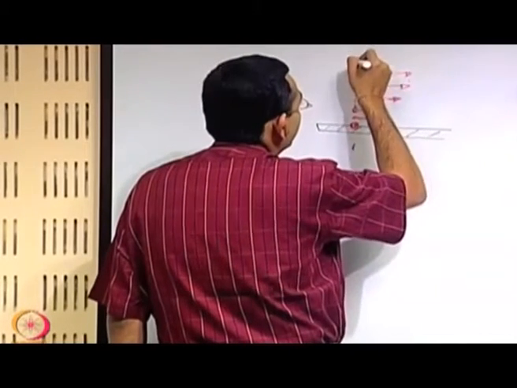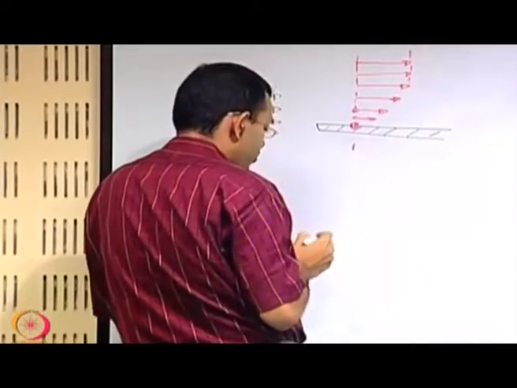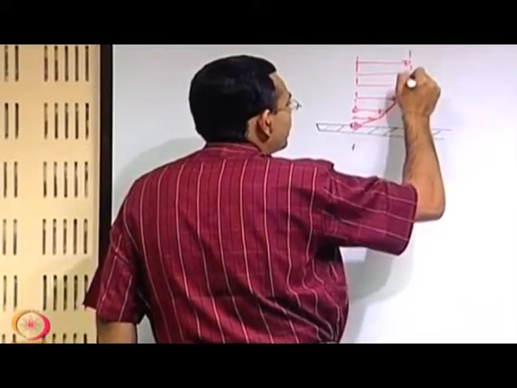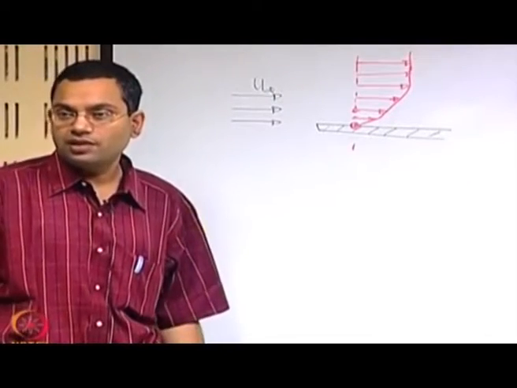If you join the tips of the velocity vectors at this location, this is what you get as the velocity profile at this location.